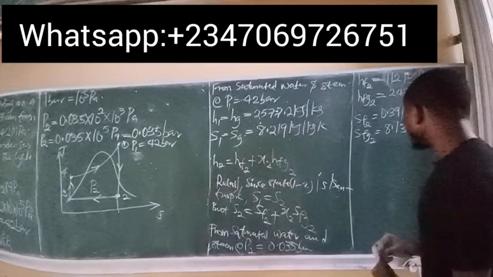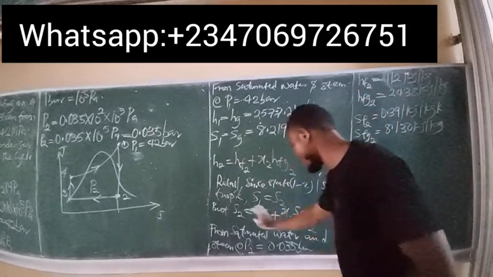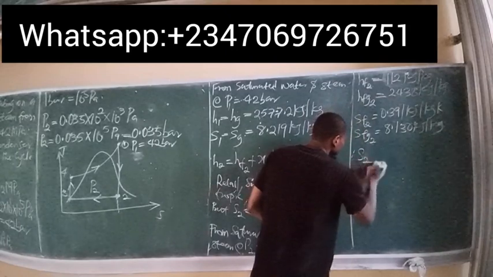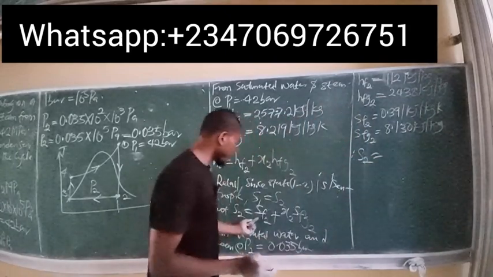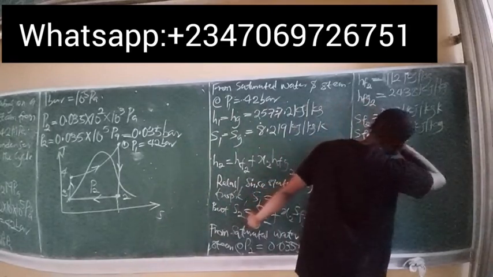Okay, so having known SFG and SF, we simply plug it first of all into this equation for S2. Therefore, S2 is now equal to SF2, and SF2 is simply giving us 0.391.